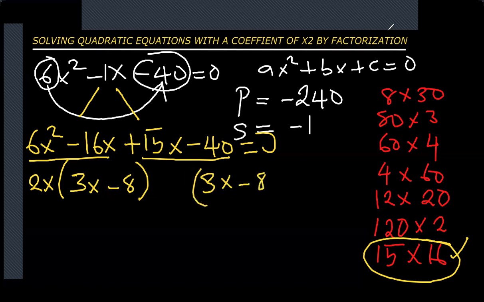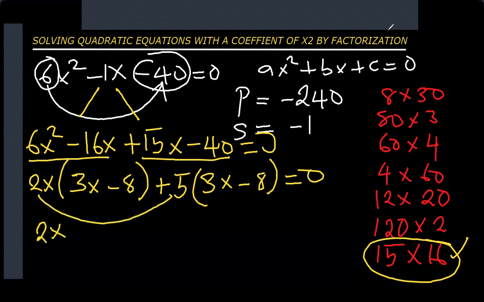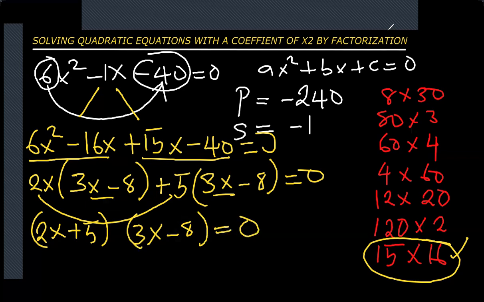So then the work becomes finding what we factor out, and that is obviously positive 5, and then equals 0. Now combining this and that gives us 2x plus 5, and then the repeated values inside the bracket. So we get 3x minus 8 is equal to 0.